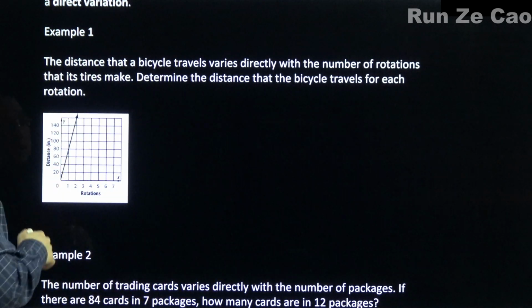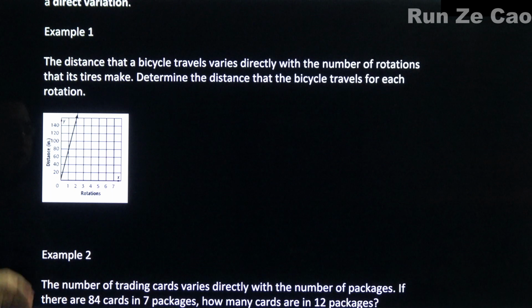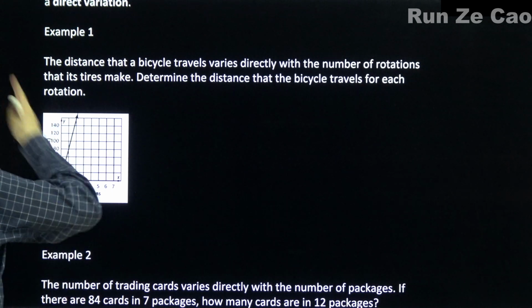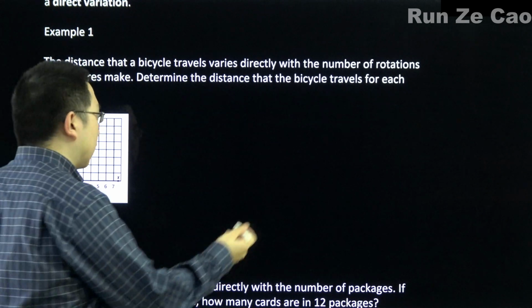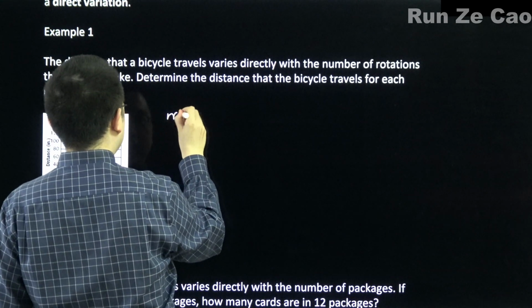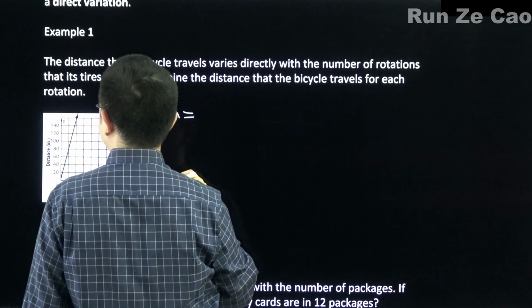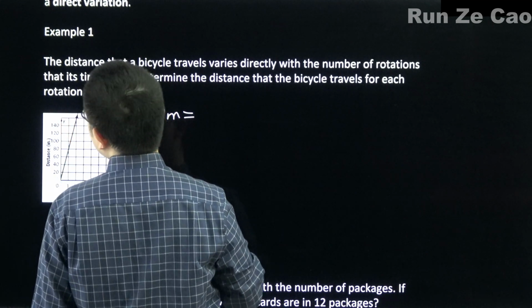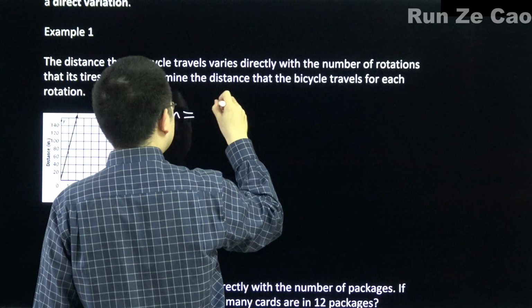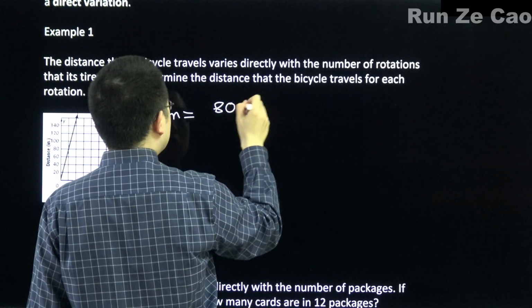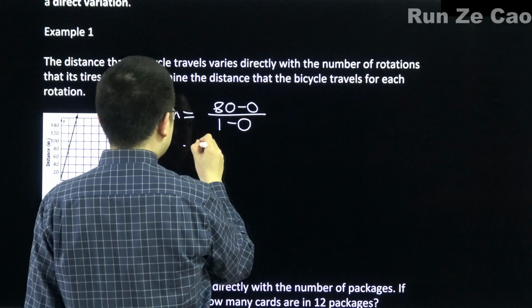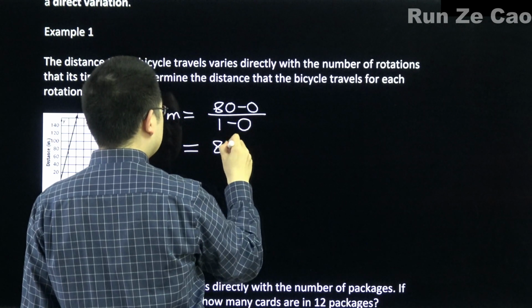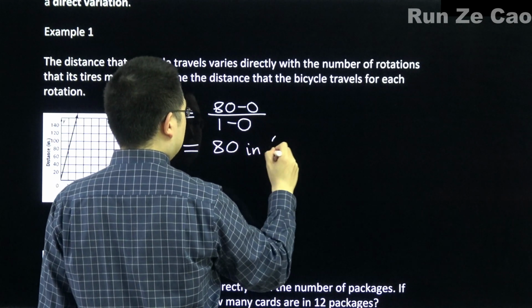So let's determine the distance a bicycle travels for each rotation. The distance is given in inches. We're looking for the rate of change of distance with respect to number of rotations. So therefore, we're looking at a slope of 80 inches minus 0 over 1 rotation minus 0, which gives us 80 inches per rotation.